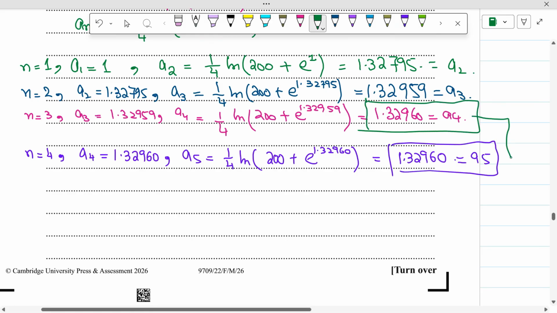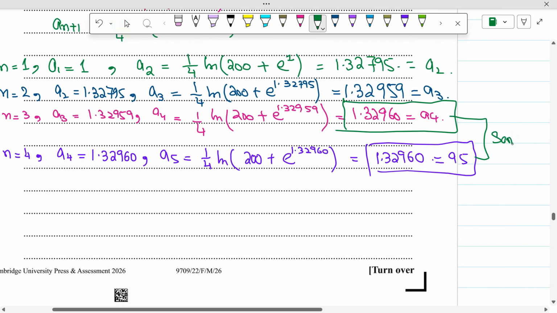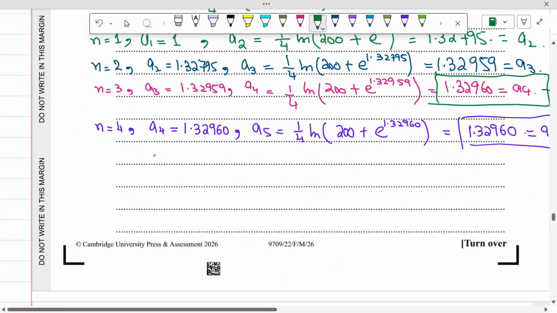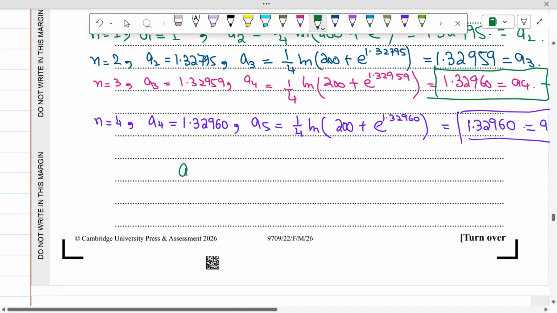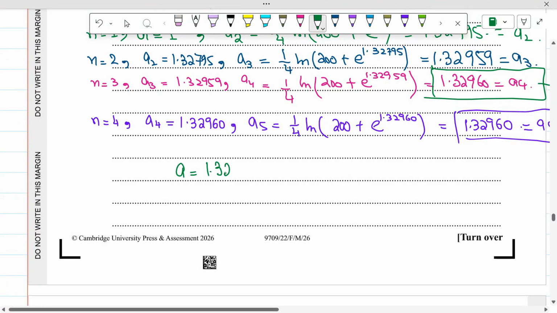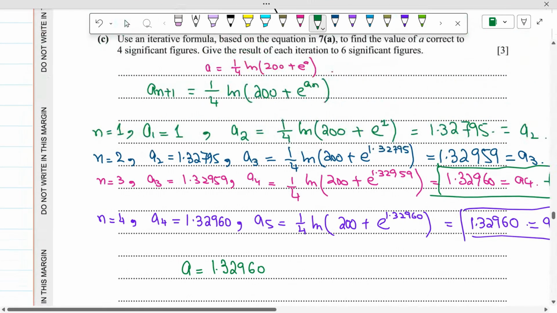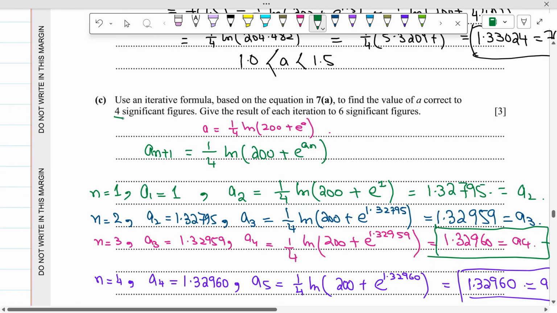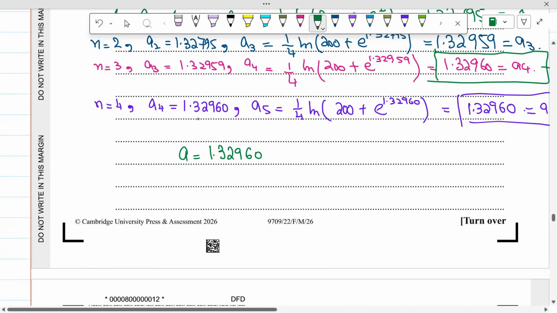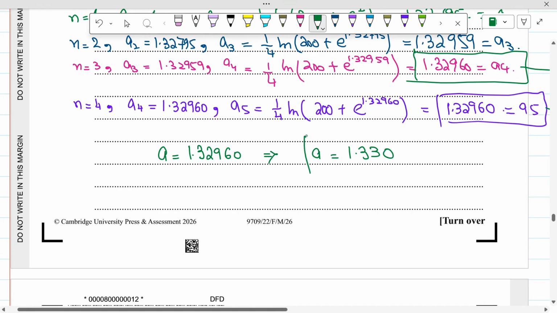You can see that both values are the same, so we do not need to move further. So we can say that a is equal to 1.32960, and we need to express a in 4 significant figures. So we can write a is equal to 1.330 in 4 significant figures.